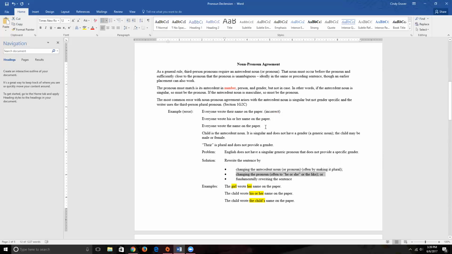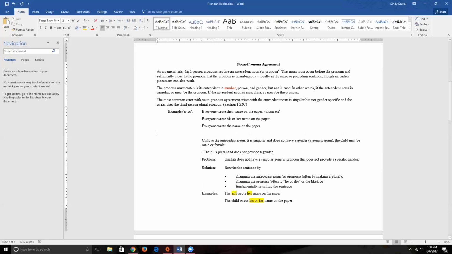And then the last is to fundamentally rewrite the sentence. The people wrote the people's name. We'll say each name on the paper. So it's useful to have a checklist of tools, because when you're stuck in this situation, you're like, I don't know how to fix it.